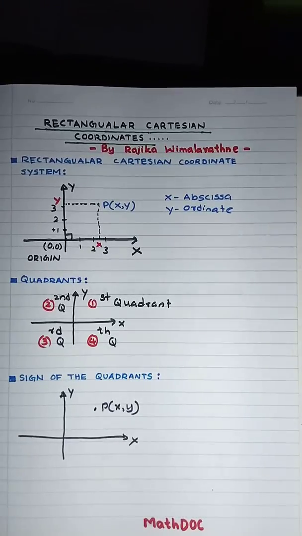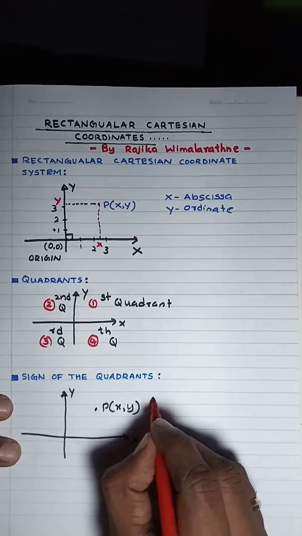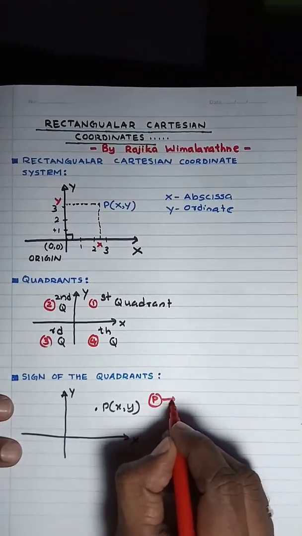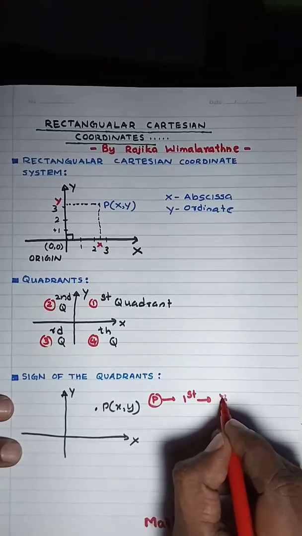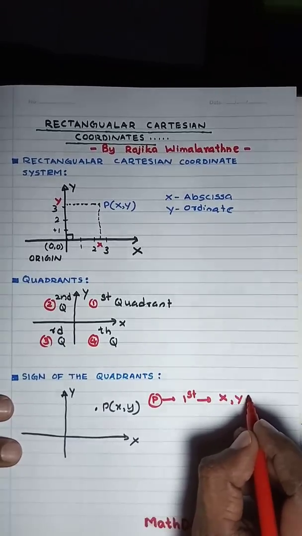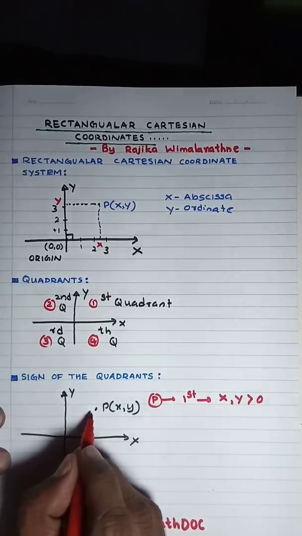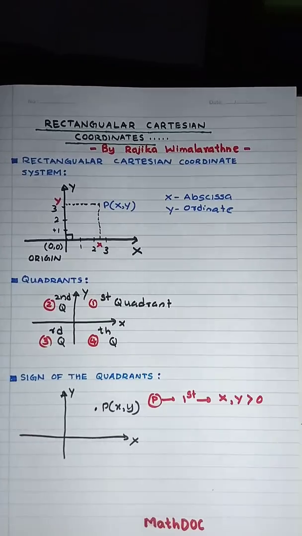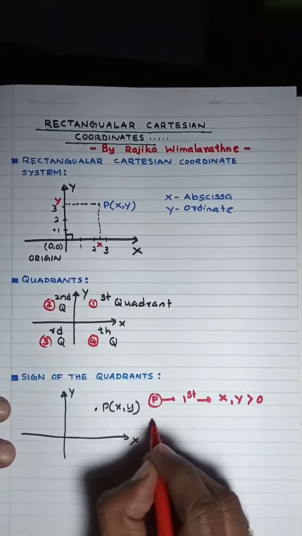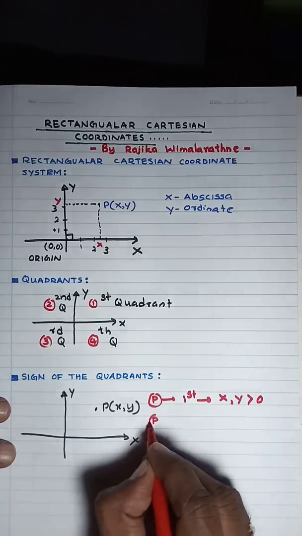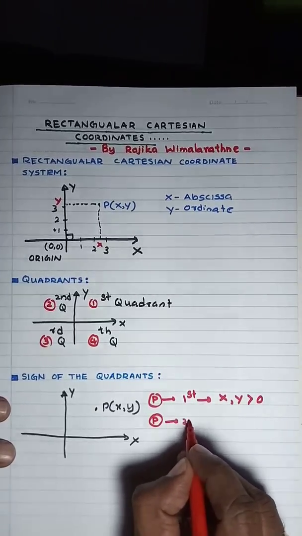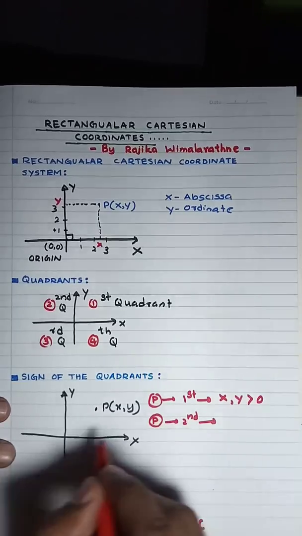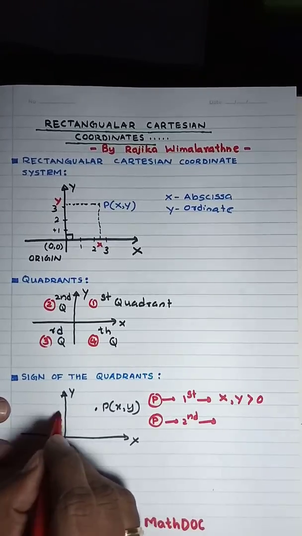When P is in the first quadrant, the x value and y value are both positive. When P is in the second quadrant, the x value is negative but the y value is positive.